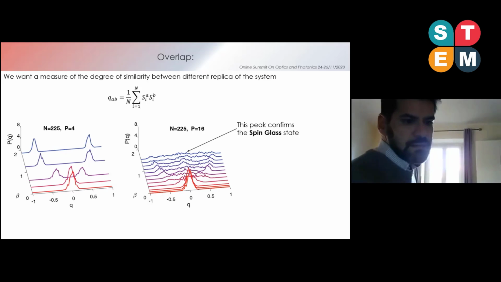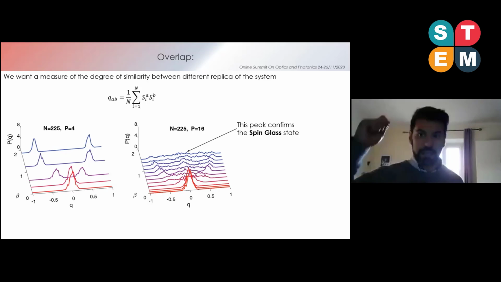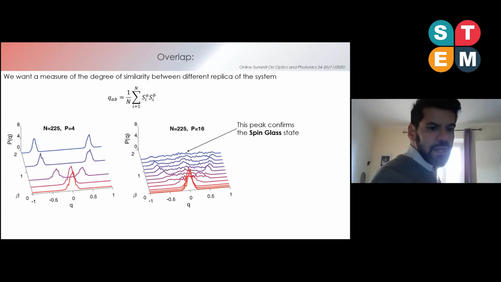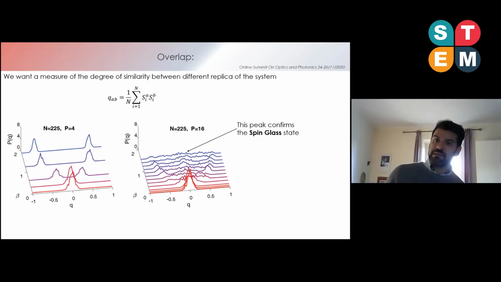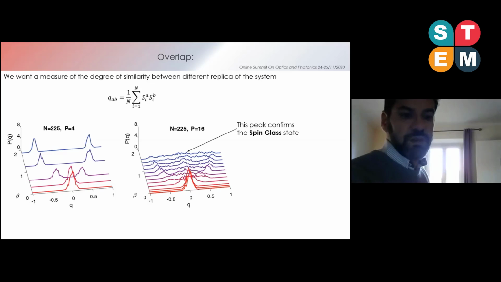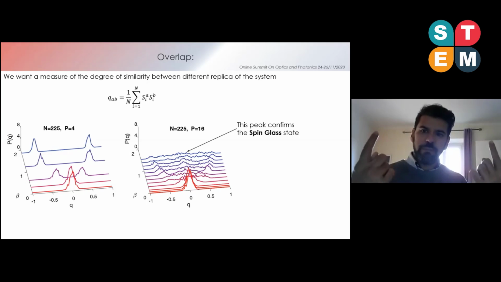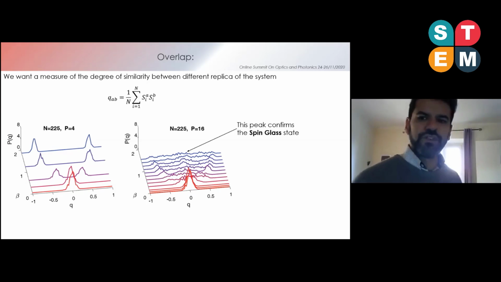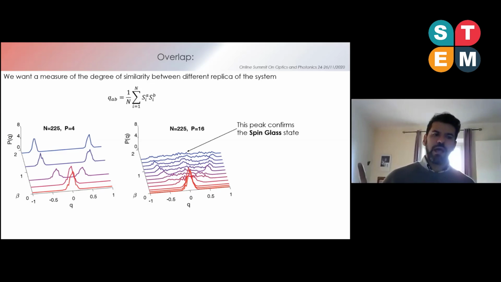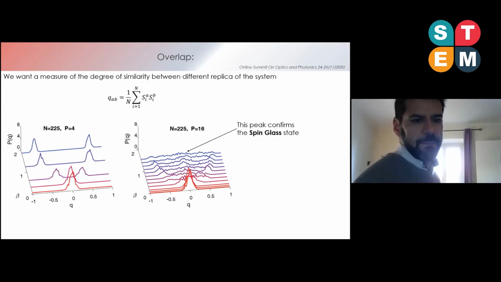And you find that when beta is small, that is at high temperature, the system is in the paramagnetic state, because you have a single maximum of the Q around 0. Then when you lower the temperature, the system splits into two ferromagnetic states, one the opposite of the other. So you have plus Q and minus Q.